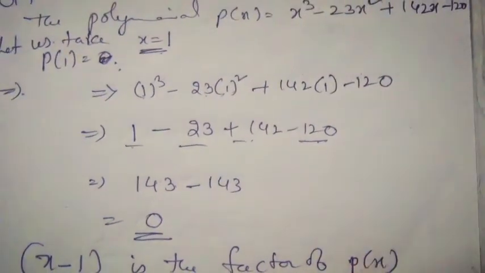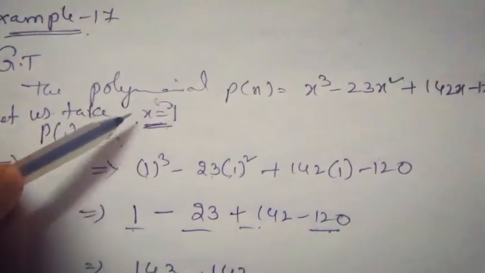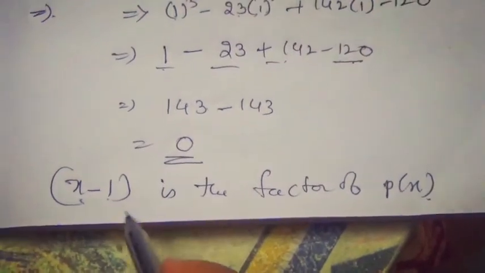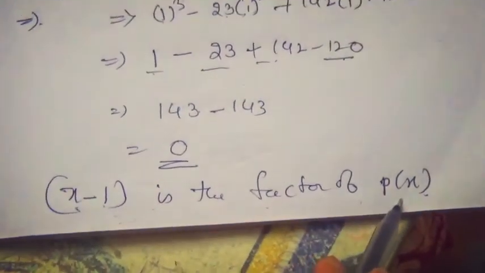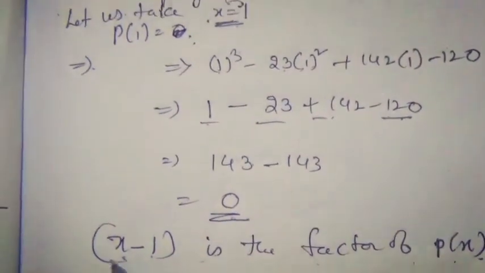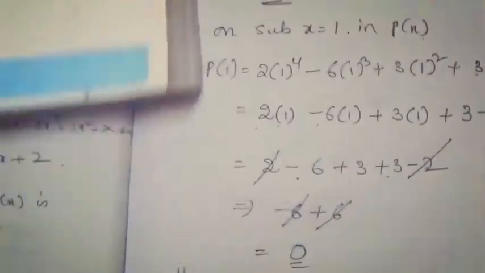Here x is equal to 1 means when it comes to the other side, x minus 1 is equal to 0. So x minus 1 is a factor of p of x, because it gives the value 0. Hence I am taking this x minus 1 as a factor of this equation.